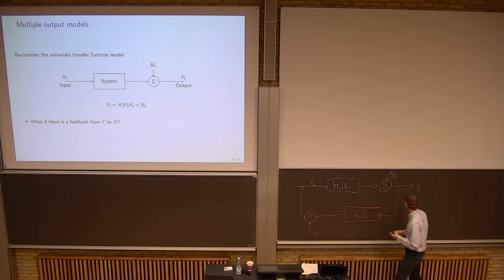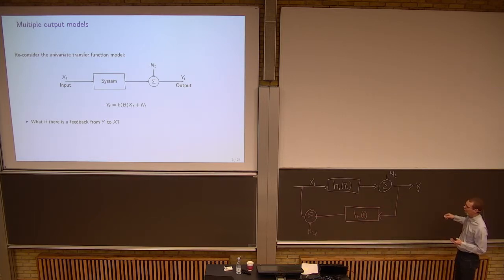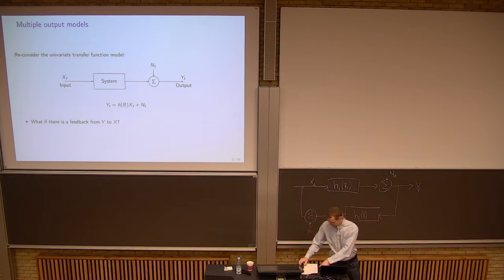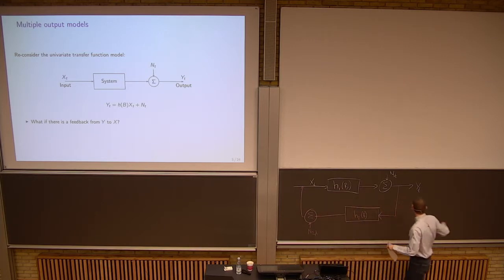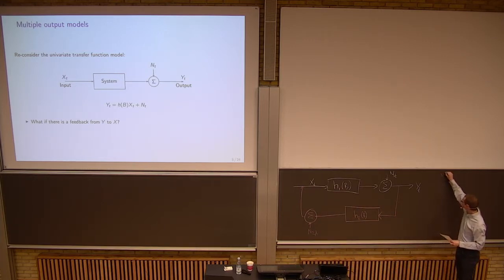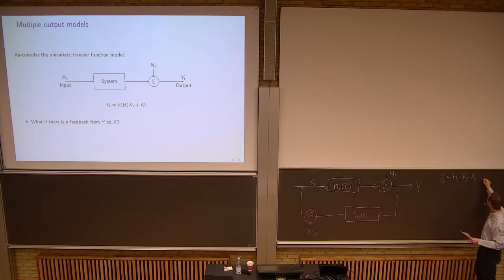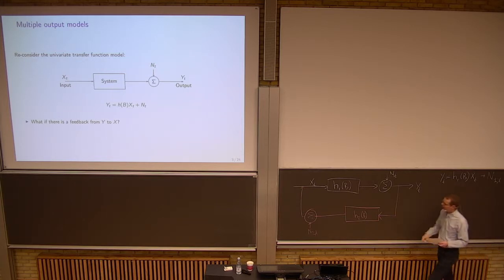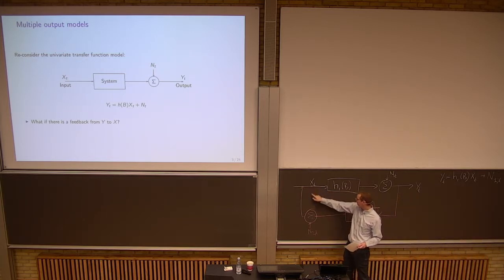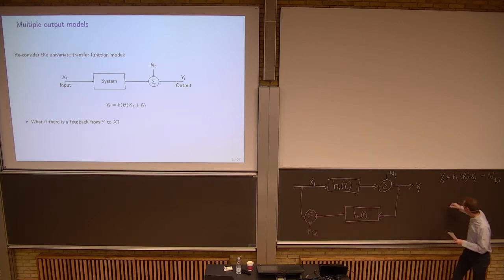So how can we write this? The original equation was to say yt is equal to h1 of b as transfer function of xt plus n1,t, right? Likewise, if we do the similar thing for xt, how does that depend on yt?